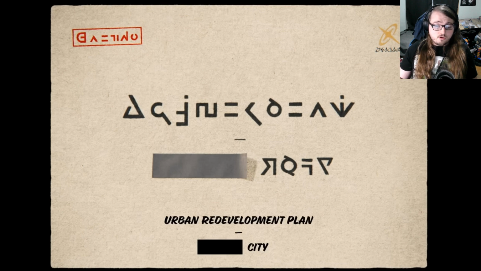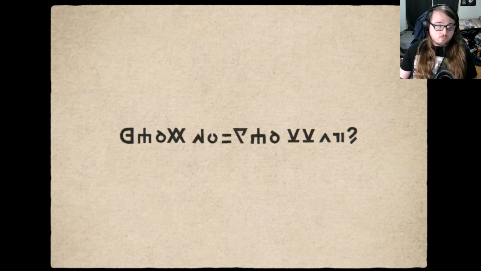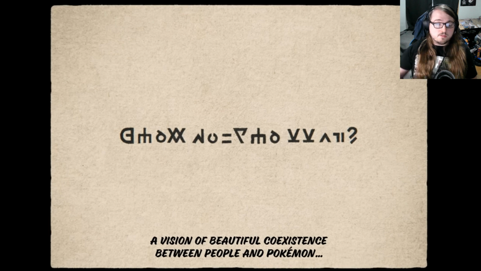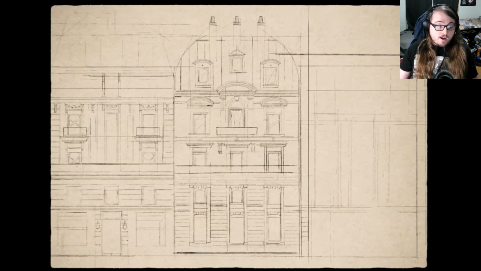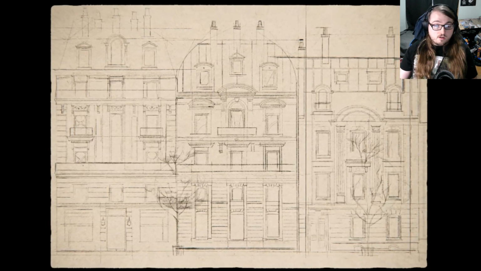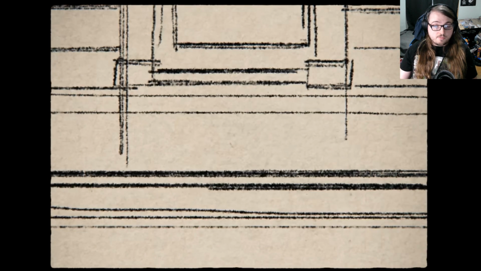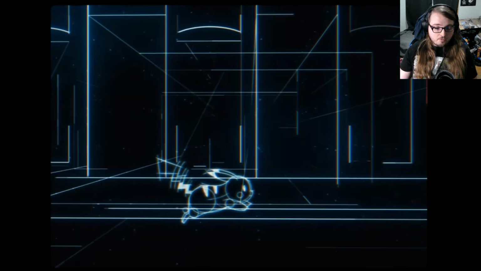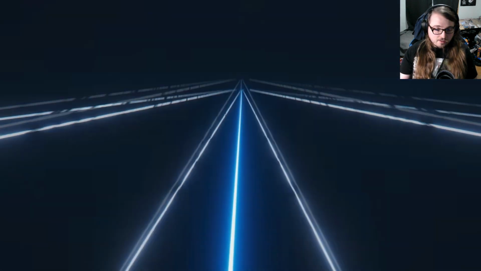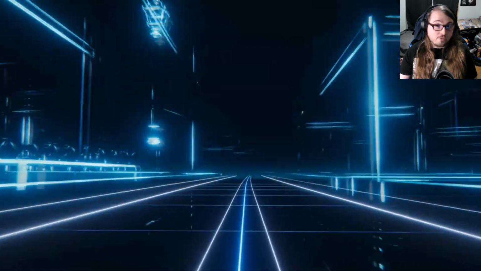But as we can see here, urban redevelopment plan, right? This person is drawing up some sketches right here. So they've got the X and Y axis, X for width, Y for height. But as soon as we get to this point, we have Z, depth.